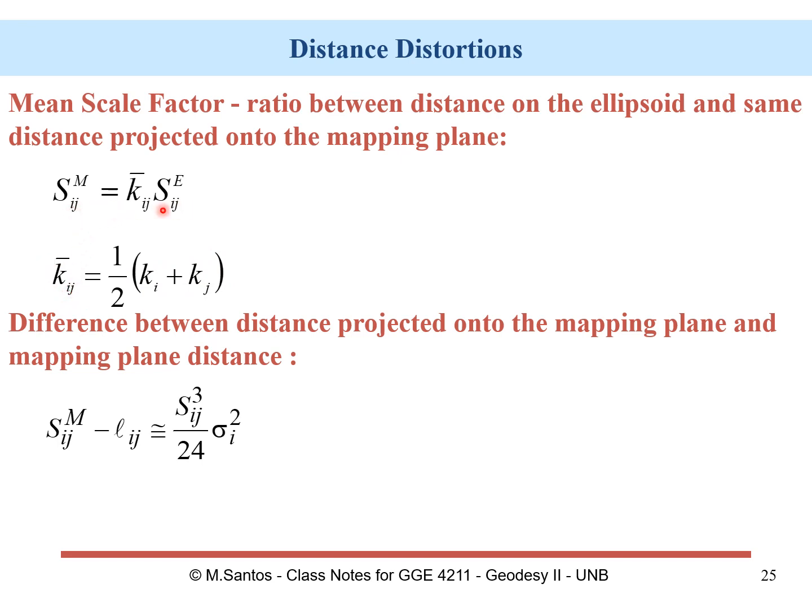Then we apply the mean scale factor on the ellipsoidal distance, and you get the mapping distance. Now, there is a slight difference between this mapping distance and the grid distance. It can be evaluated also as a function of the curvature of the projected geodesic.